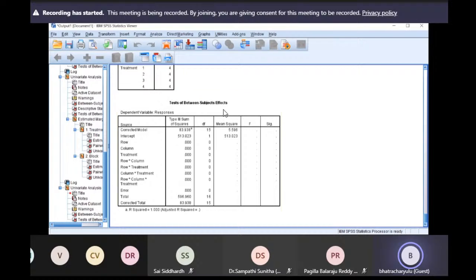So row, column, and treatment, and there are some interactions. Only these 3. The values are also very little. What are the actual values? Please show the table.